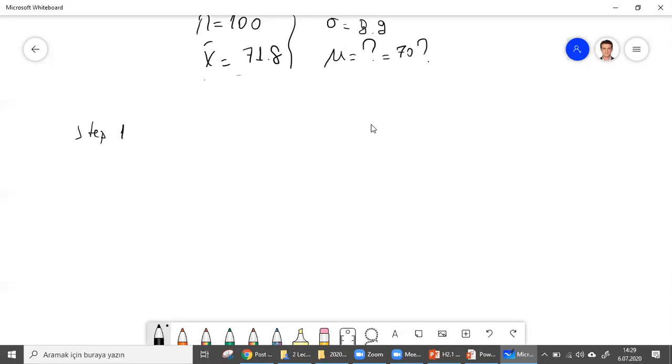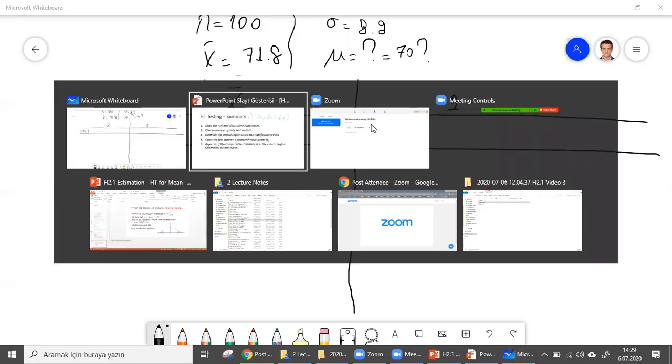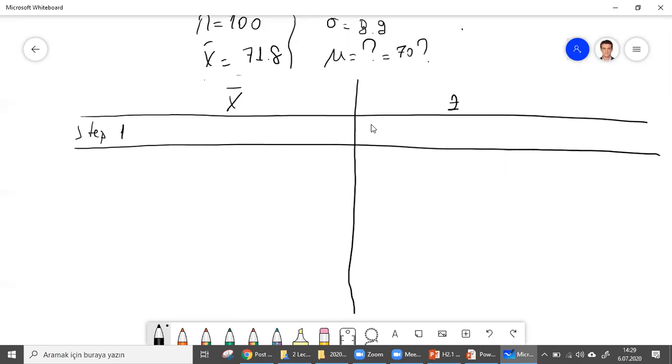Let's use X bar here, and we will use Z here. So this is my step 1, X bar and Z. Please take alpha equal to 0.05 as the significance value, which means I will use z sub alpha over 2, which is z sub 0.025, which is equal to 1.96.